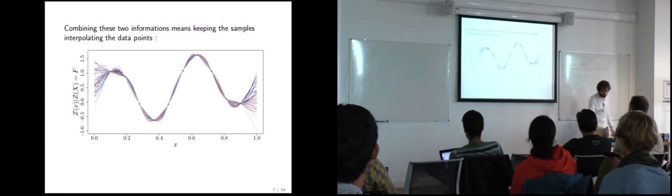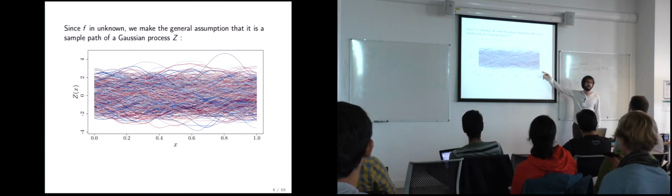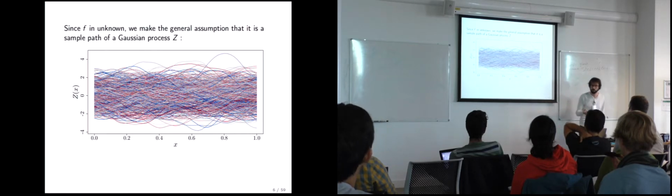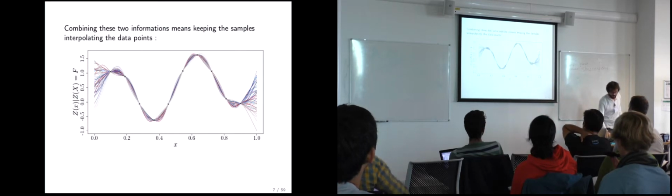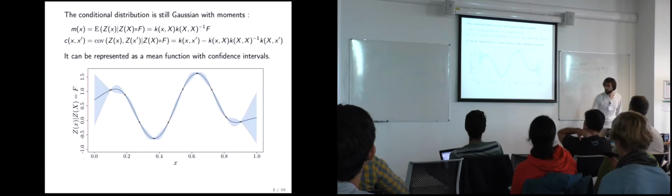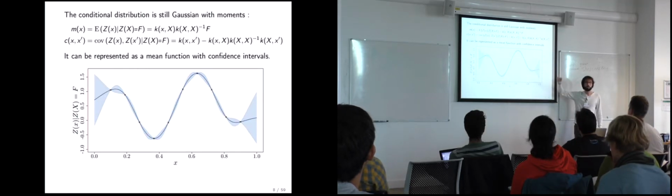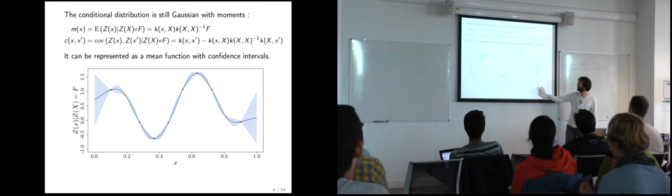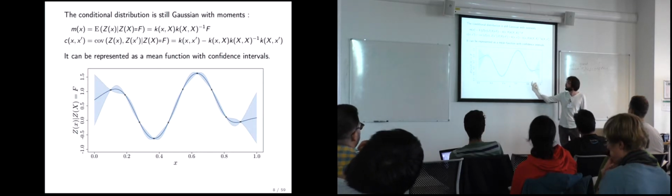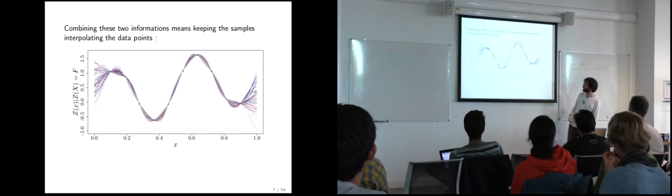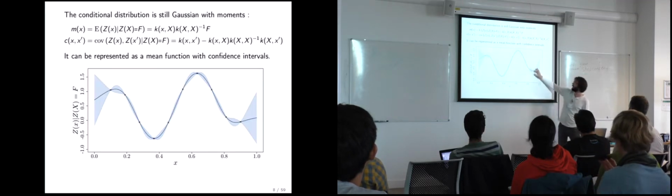We are never generating as many samples as we can and getting rid of the ones that do not interpolate. That's not the right way to go, but it's a nice way to see it. And in practice, we usually work with the mean value and the confidence intervals around our models. So we know that 95% of the functions I was plotting here would be inside these confidence intervals.